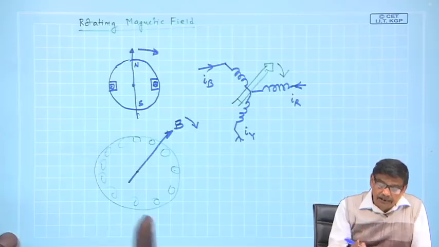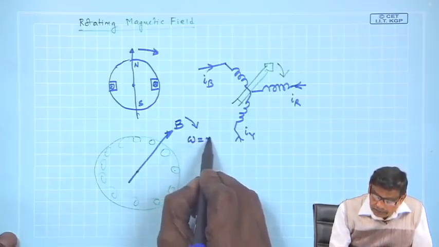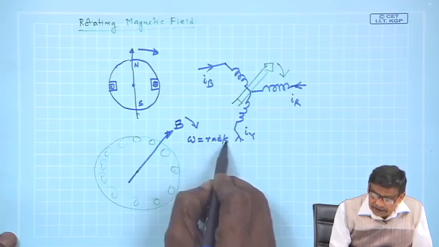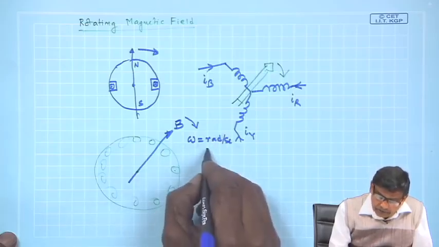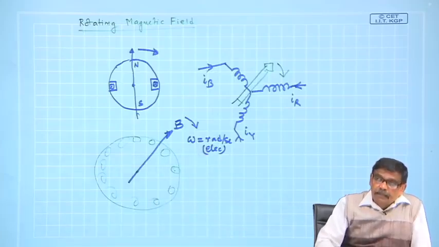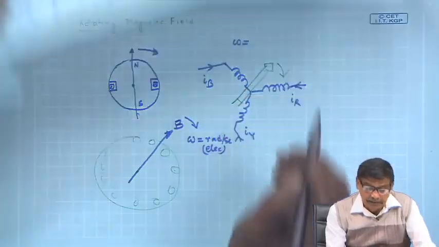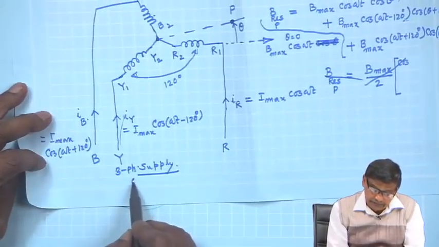Now, what is the speed? We have seen that the speed is nothing but omega radian per second, and do not forget to write electrical. And what is omega? Omega is nothing but the supply frequency, 3-phase supply of omega.